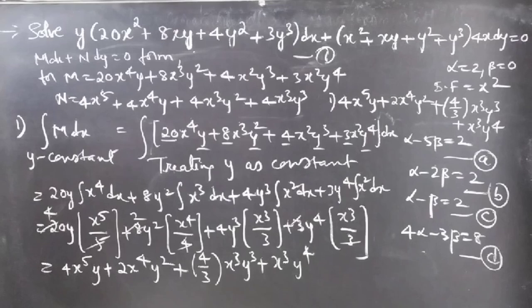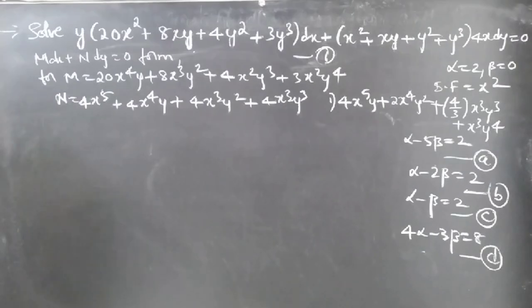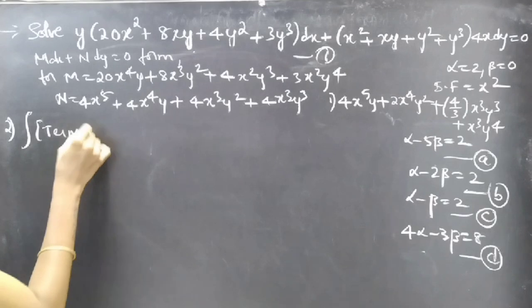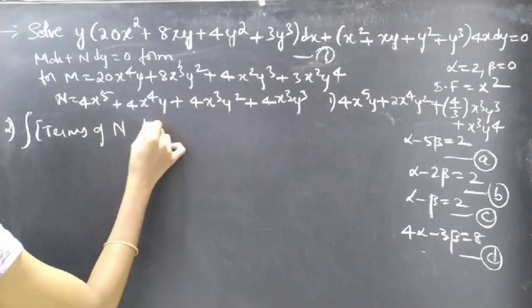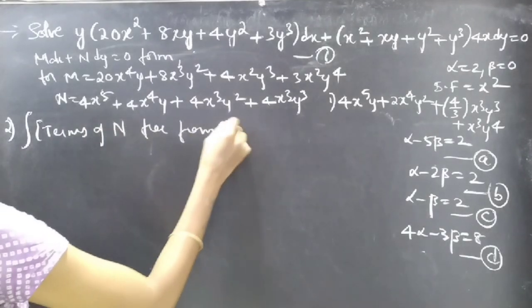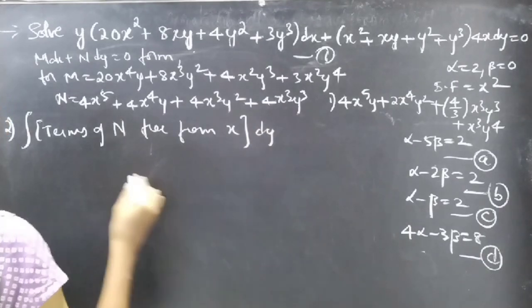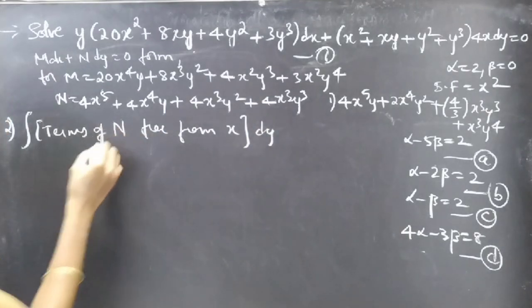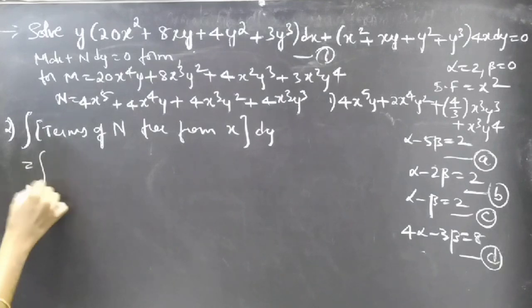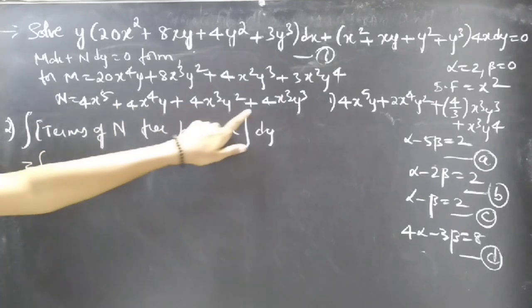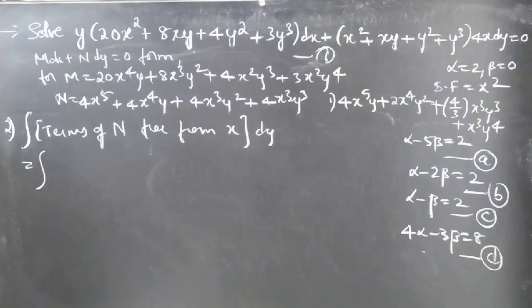Right, now coming to the second integral, integral terms of N free from x into dy. Now observe N, we don't have a term in N which is free from x, right?